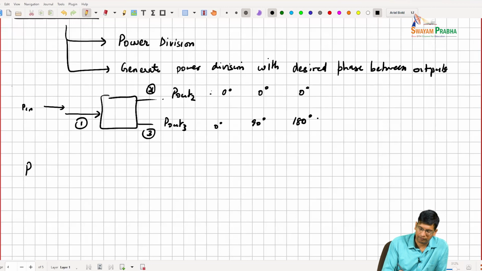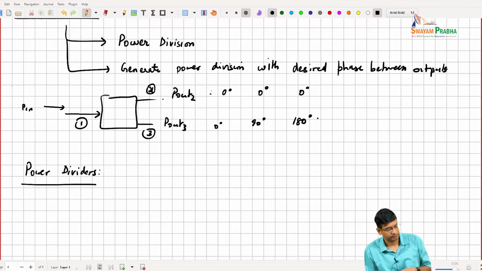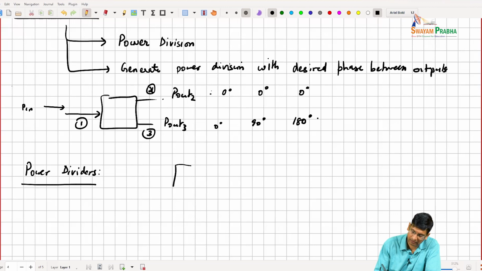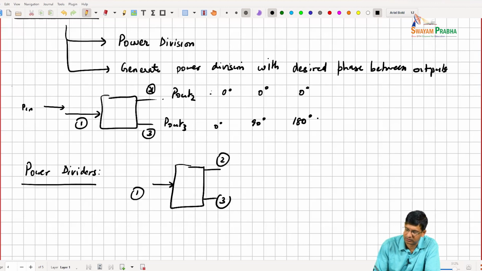So if we think about power division or power dividers, this is a very necessary component that we use in all of our systems. So we have port 1 and port 2 and port 3, right?